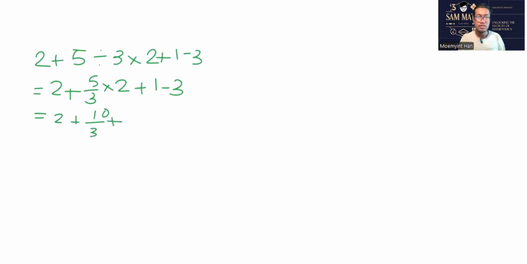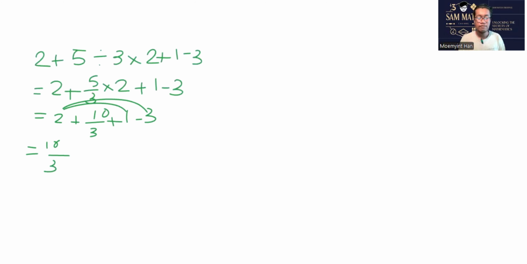For addition and subtraction, it doesn't really matter, because subtraction is the same as adding a negative number, so you can do whatever you want. You can add 2 and 1 first to get 3, and then subtract 3. So the answer is 10 over 3. What I want to tell you is that you do division and multiplication first, and then addition and subtraction.